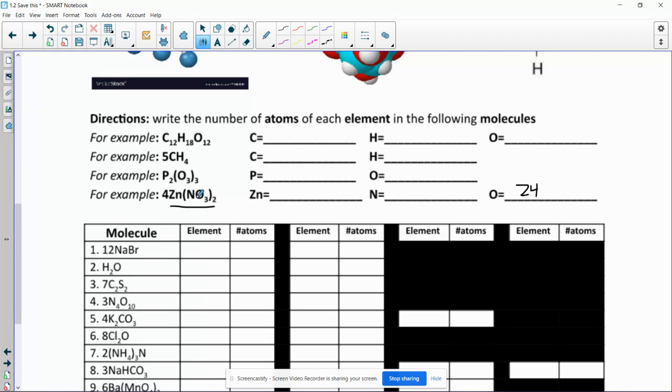So 2 times 1 is 2, times 4 is 8. So that's nitrogen, 8 nitrogen. And the zinc, this 2 doesn't go with the zinc, it only goes with this stuff. So there's 1 zinc, but since there's 4 of all of this, we're going to say there's 4 zincs.